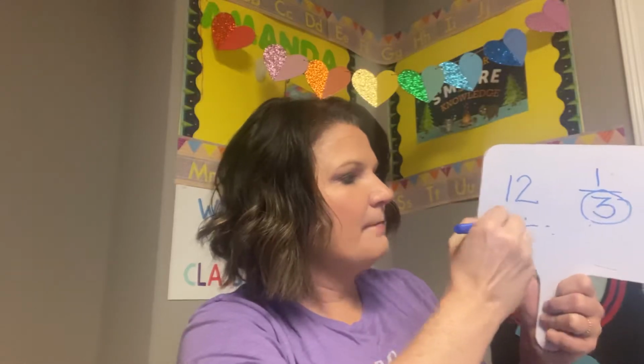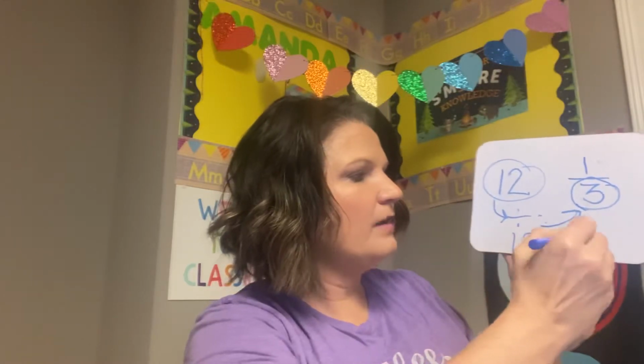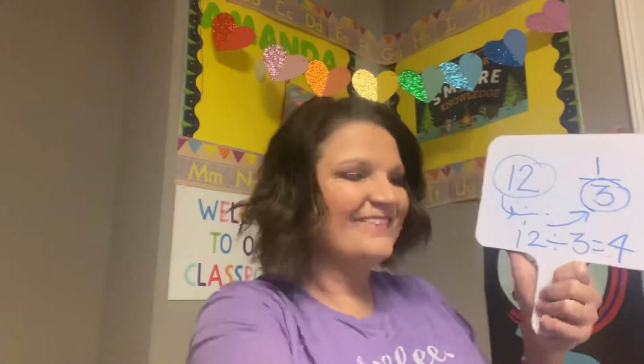I take my number and divide it by my denominator. So 12 divided by 3 equals 4. Good job. And I can see that if I make rows of 3, 1, 2, 3, 4, 5, 6, 7, 8, 9, 10, 11, 12, I have it broken into thirds.